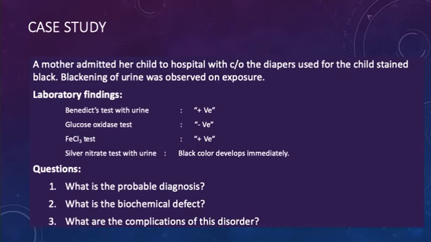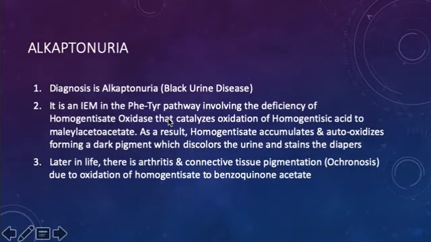So what is the diagnosis? It is black color urine, that is alkaptonuria. It is an inborn error in the phenylalanine tyrosine pathway involving the deficiency of homogentisic acid oxidase, which catalyzes the oxidation of homogentisic acid to maleylacetoacetate.